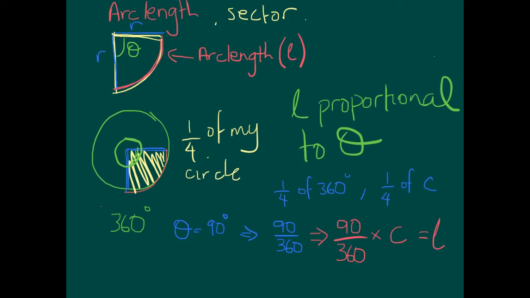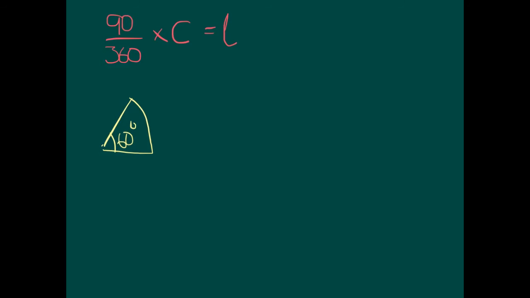And you can really do this for any angle theta. If I take you to a new slide, I'll show you what I mean. In the previous slide we had 90 over 360 multiplied by the circumference equals our arc length. If I have another sector, let's make one that's a little smaller, and say this is 60 degrees, then we've reduced the arc length by the same fraction that we've reduced our angle within our circle.